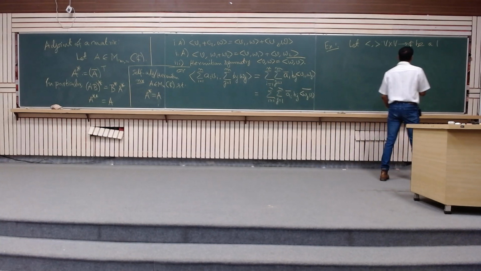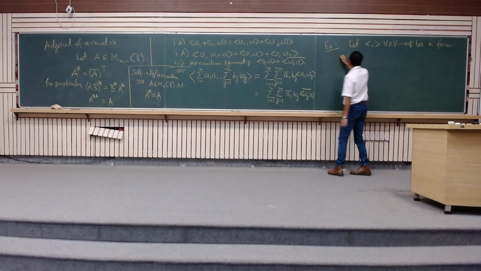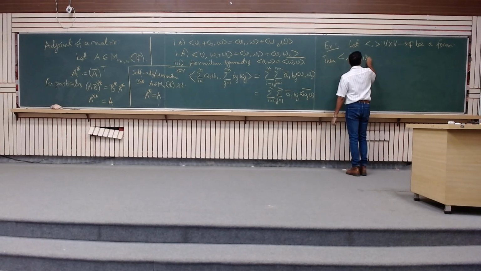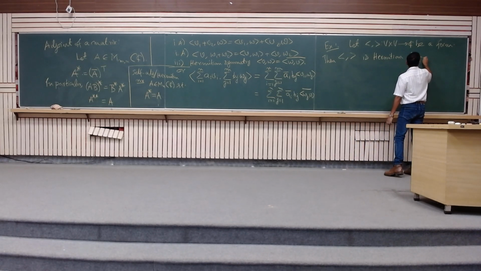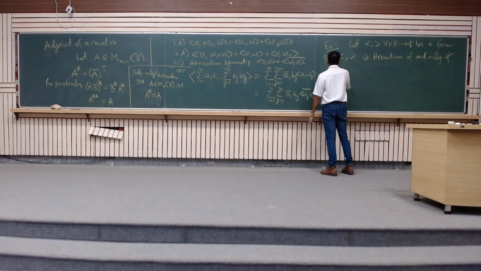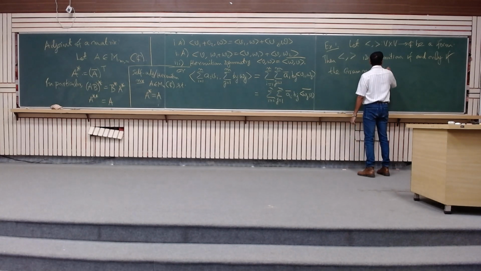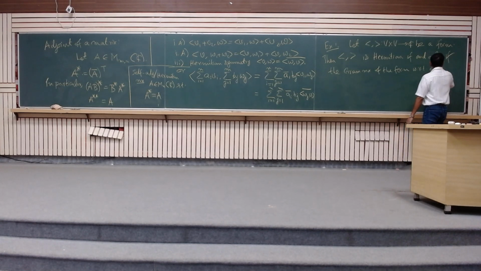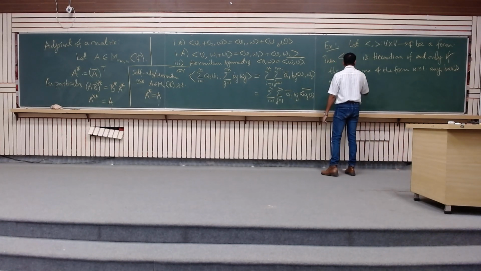So now let this be a form. Then this form is Hermitian if and only if the Gram matrix of the form with respect to any basis of V is Hermitian.